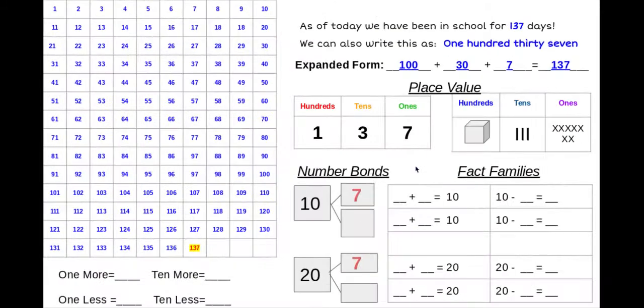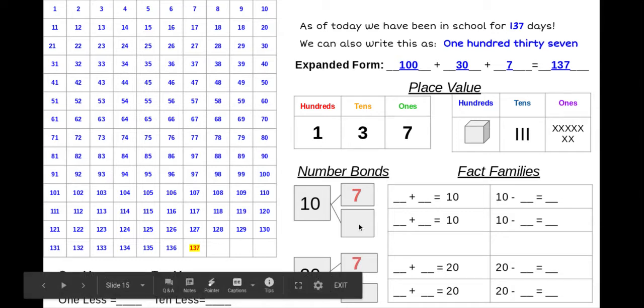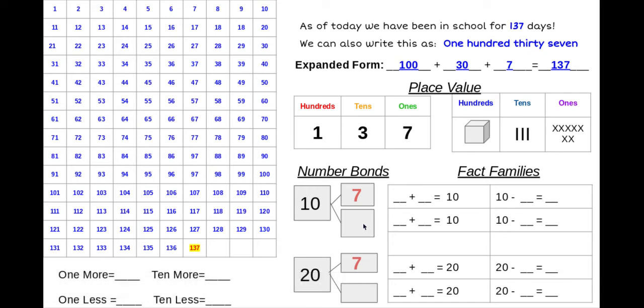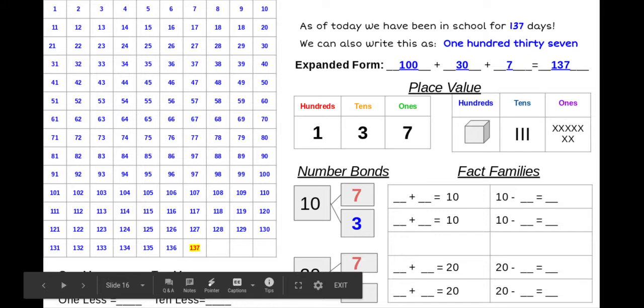There we go, 7 in each one. Now we're going to think to ourselves, what goes with the number 7 to make 10? Abby says 3. Think to yourselves, what goes with 7 to make 10? Did you get 3 also? Let's see if you're right. 3. Good job.